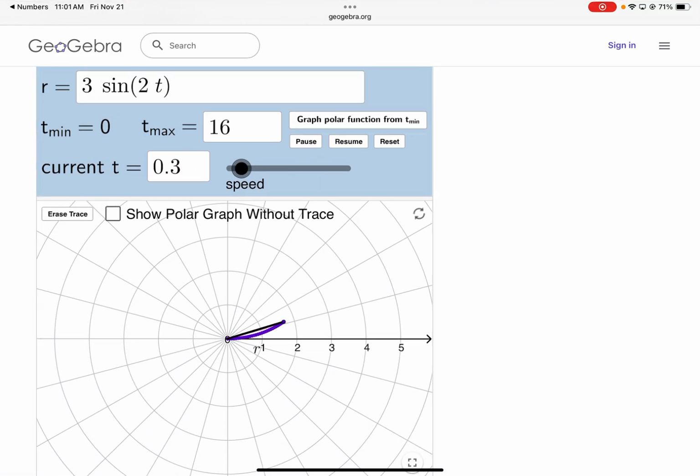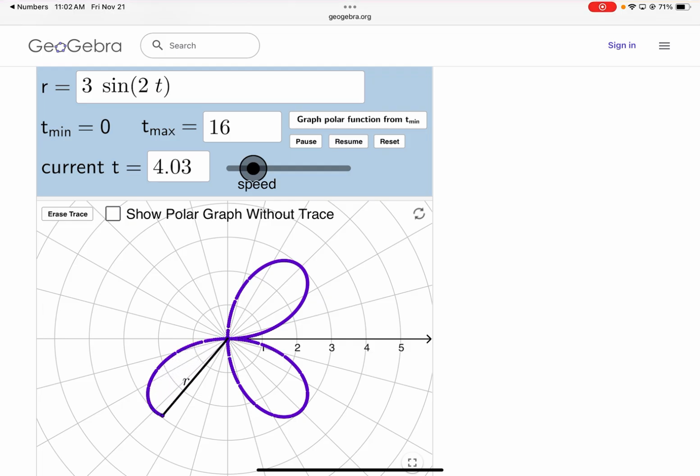Okay, so we get the first petal. Speed it up here a little bit. And then notice how your second petal goes down into the fourth quadrant. Then you go to the third quadrant. And now you finish off with the fourth quadrant, or the second quadrant, I should say.